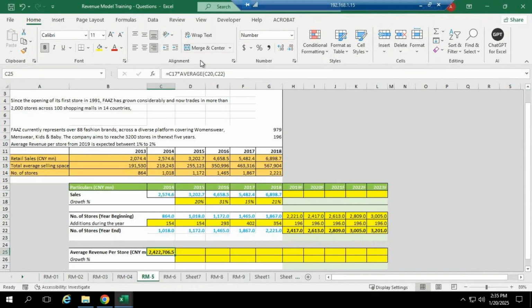So divided by, not average. So divided by the average number of stores. In the same way, you have to drag it over here for all the years.